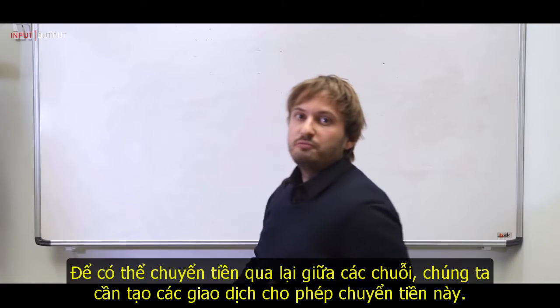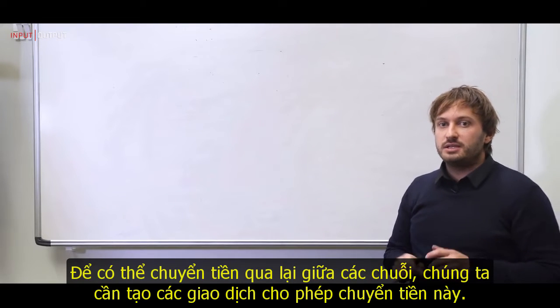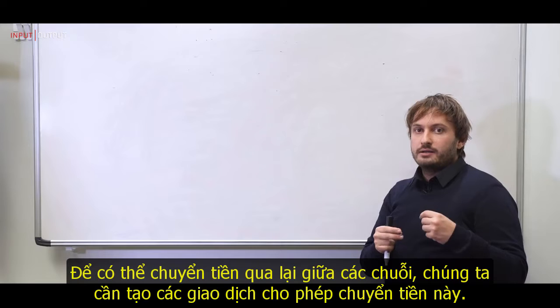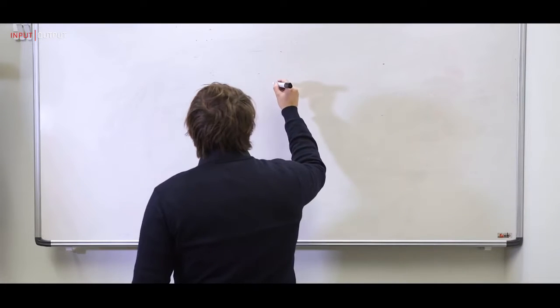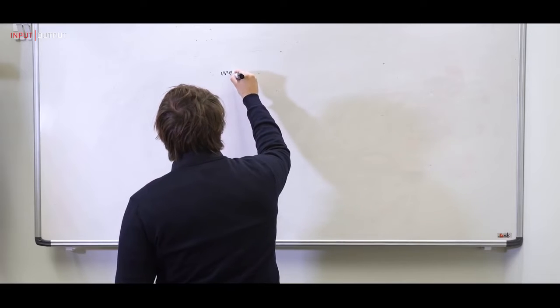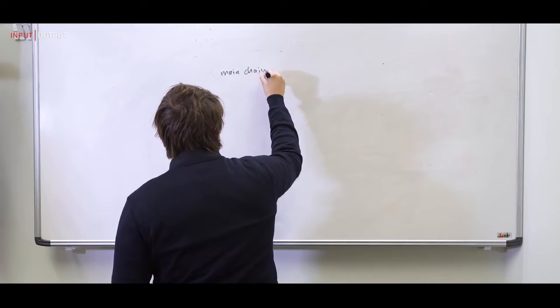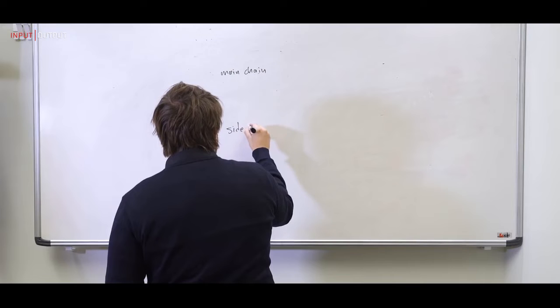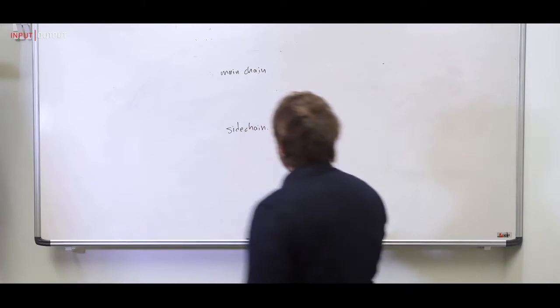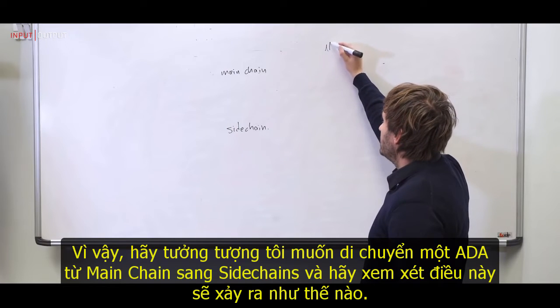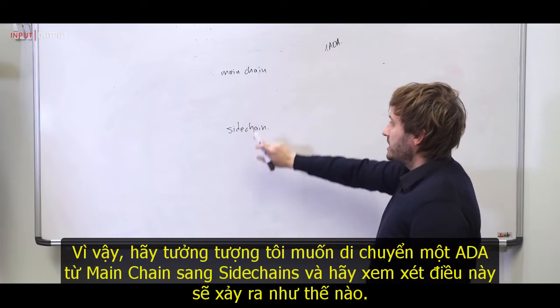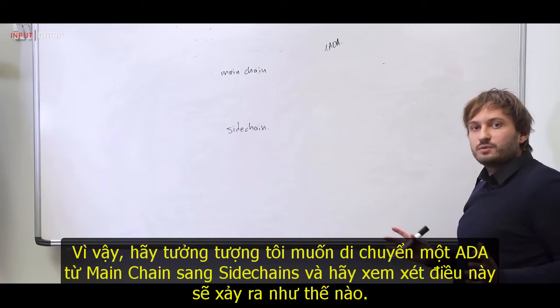In order to be able to move money back and forth between chains, we need to create transactions that enable this movement of money. So let's imagine I want to move one ADA from the main chain to the sidechain, and let's go over how this will happen.